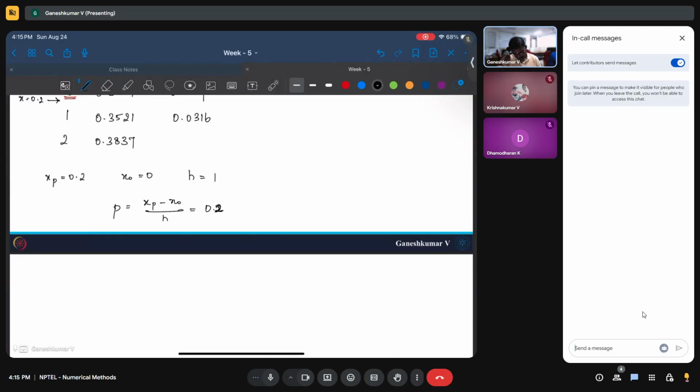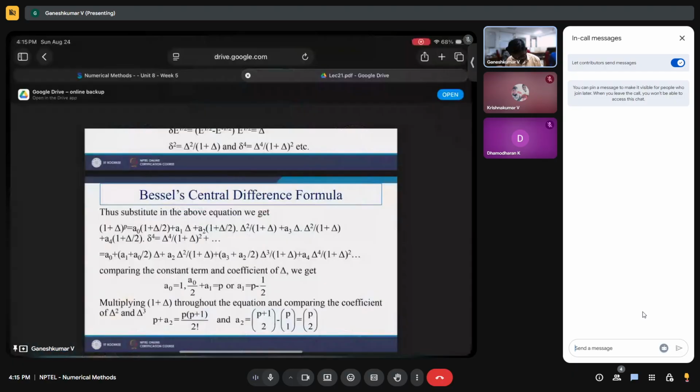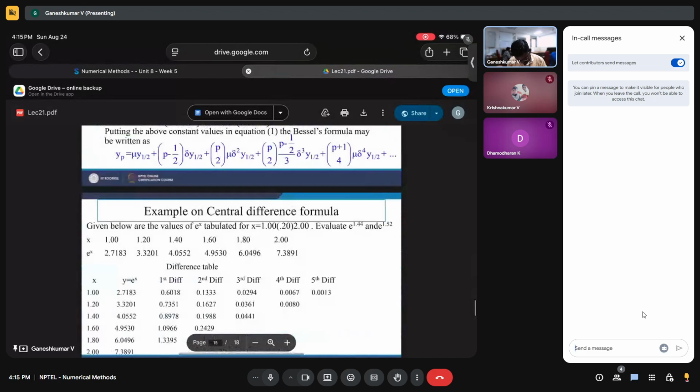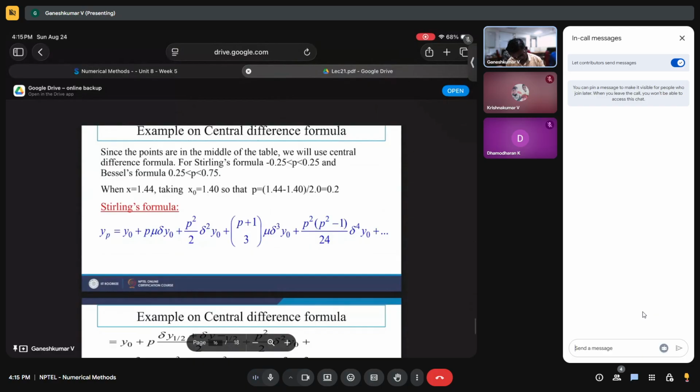And we chose x naught because p will be 0.2. If we go back to the notes, you can see that for Stirling's formula p should be between minus 0.25 and 0.25.